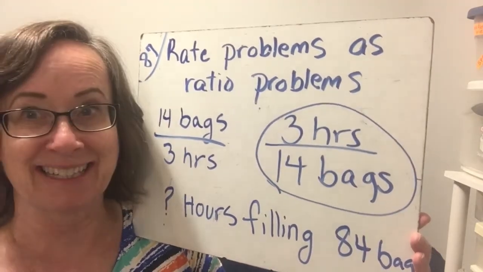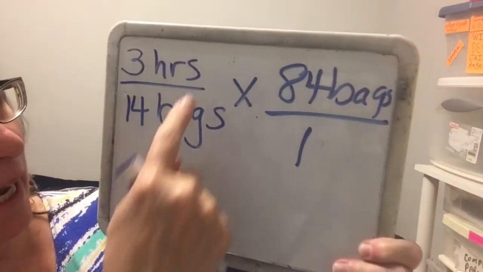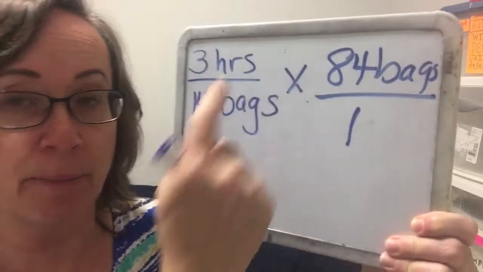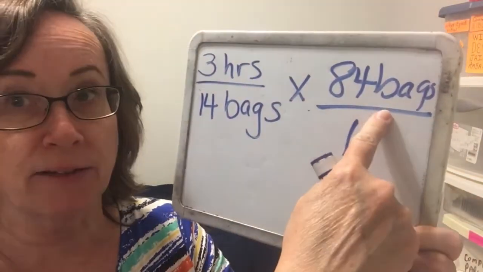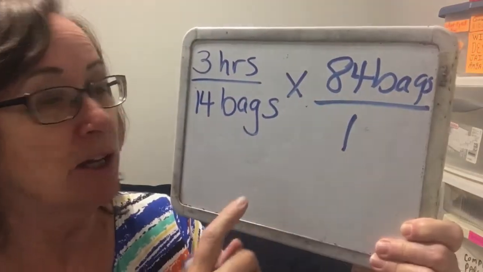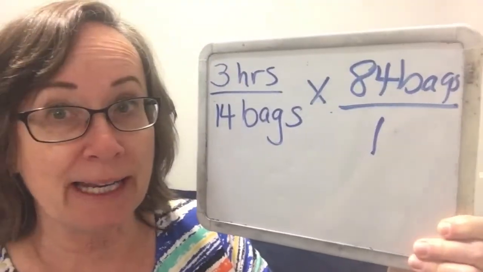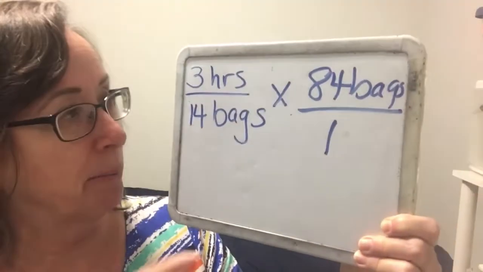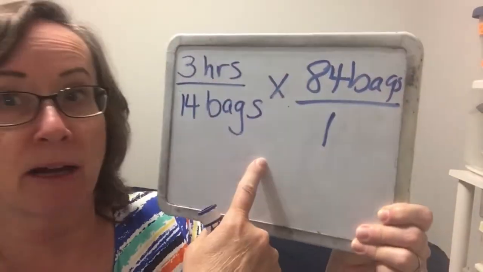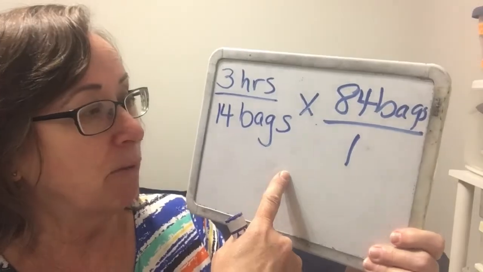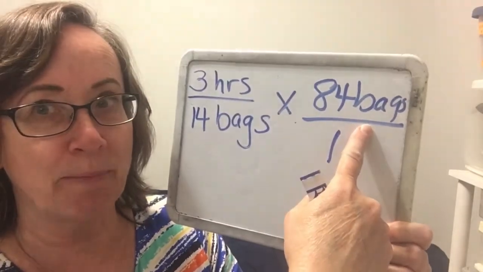So let's see how that's done. So now we're going to put hours on the top because we want hours out. We want to know how many hours it is going to take to fill 84 bags. So we want to have our hours on top, because hours is going out of the problem. So 3 hours for every 14 bags. We want to know about 84 bags.